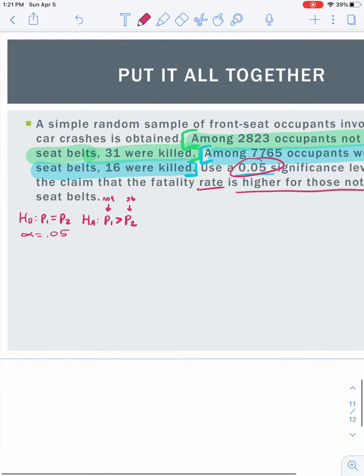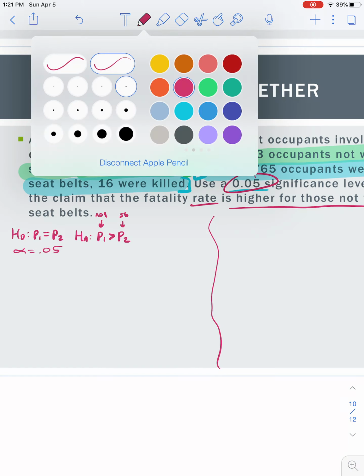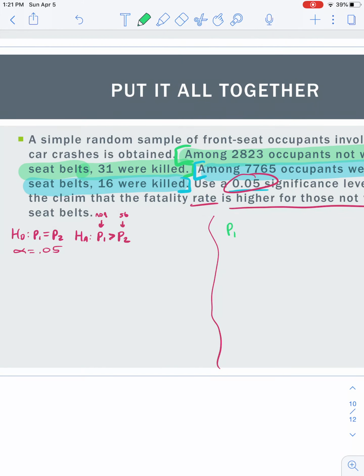With the spacing that I have available, I'm going to go off to the side and calculate all of those little things that I needed for the last problem. So I needed my P1 hat, which will be 31 divided by 2823. That gives me 0.0110.